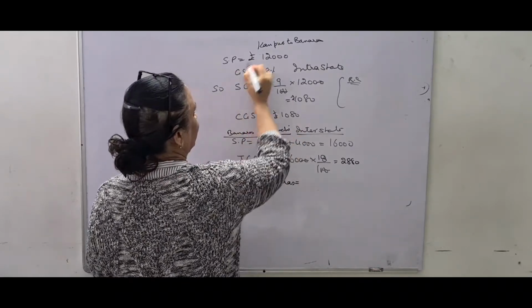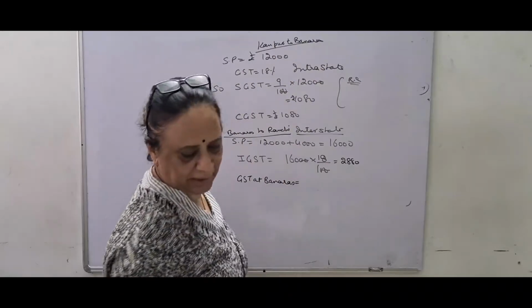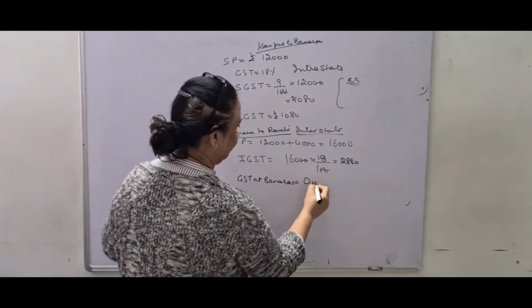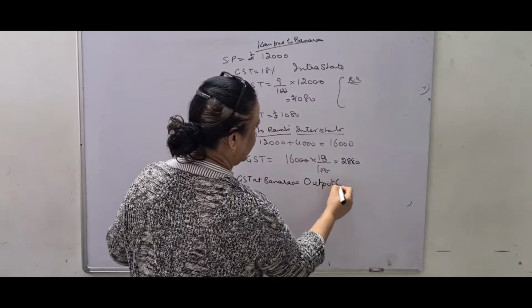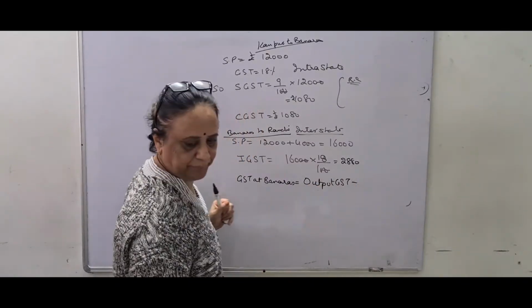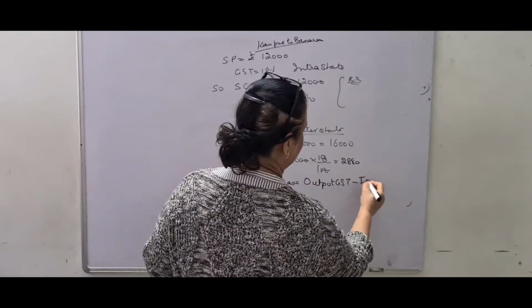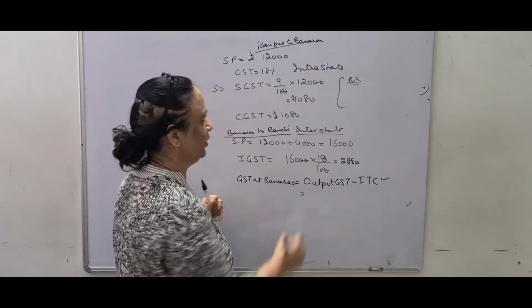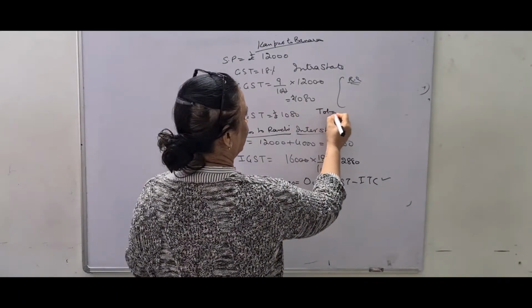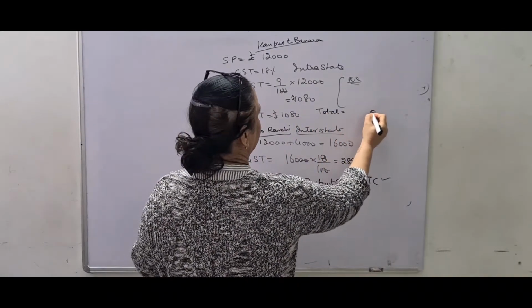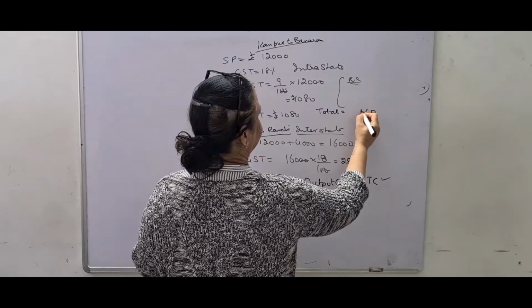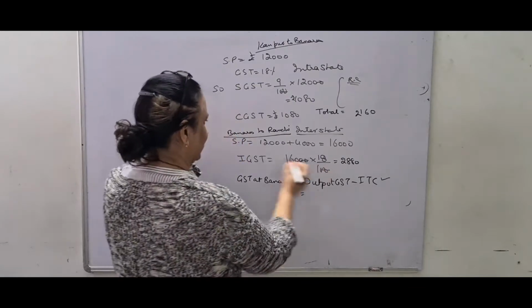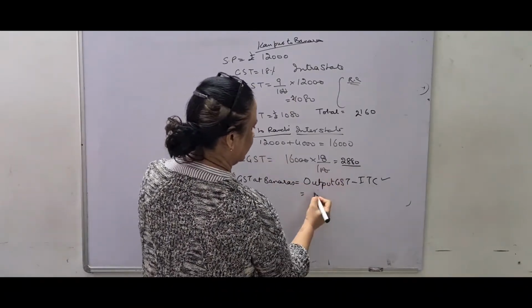First one is intrastate, another is interstate. So this will be output GST minus input tax credit, that is ITC. You have to write this formula, it carries marks. The total of IGST and CGST will be 2160, and output tax at Banaras you have got to be 2880.